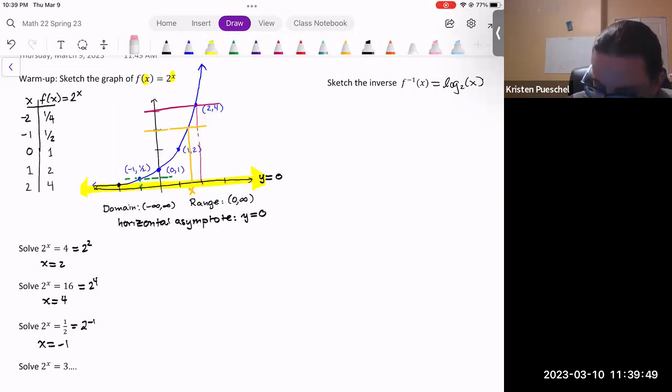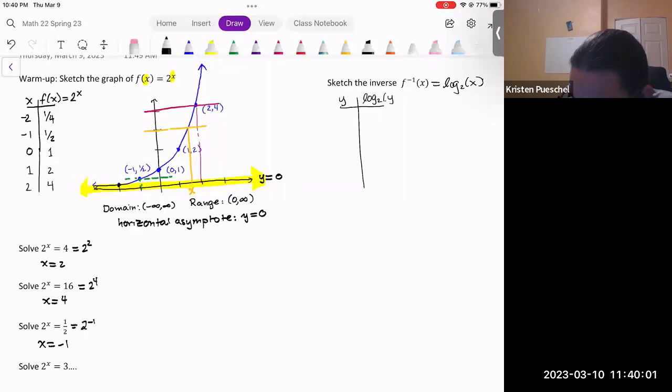So let me write my y, log base 2 of y pairs. Well, we had 1/4 is going to give us -2. 1/2 is going to give us -1. 1 is going to give us 0. 2 is going to give us 1. 4 is going to give us 2.